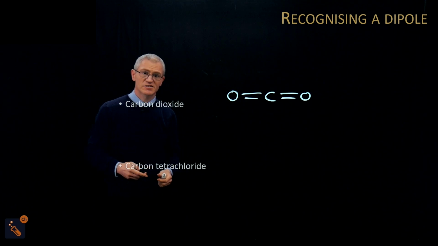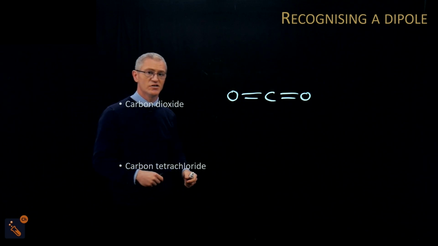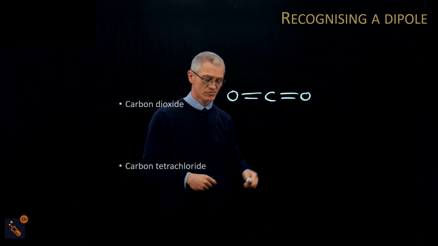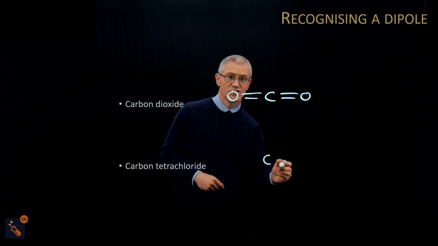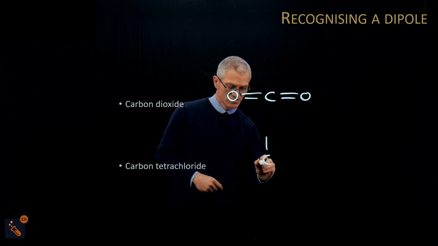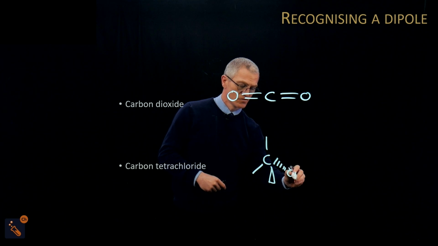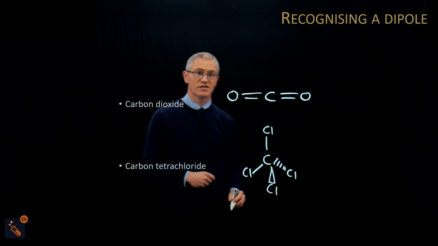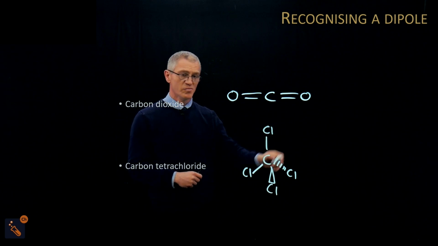So if we look at our next example, carbon tetrachloride, this is very simple to see the symmetry, and the dipoles would therefore cancel. If we look at carbon tetrachloride as a 3D diagram, there you have carbon tetrachloride. There's no lone pairs.